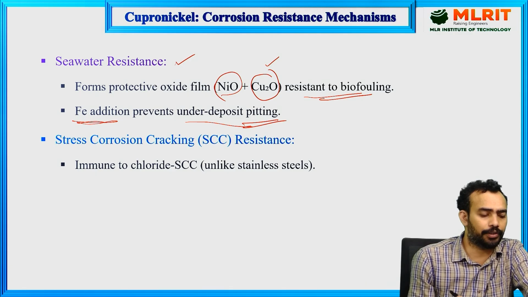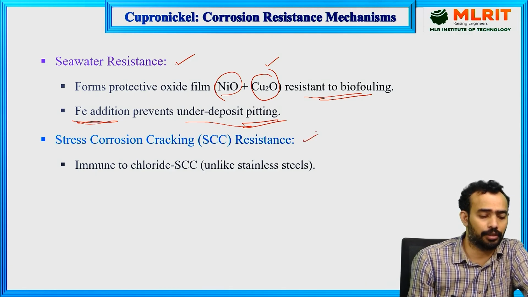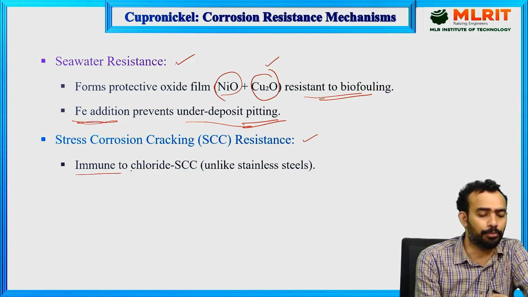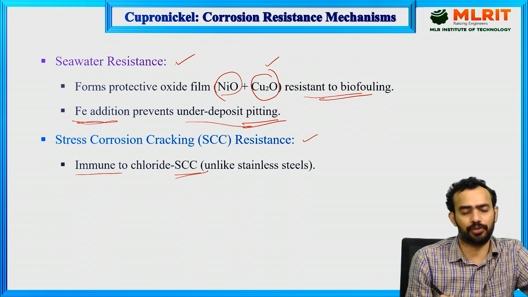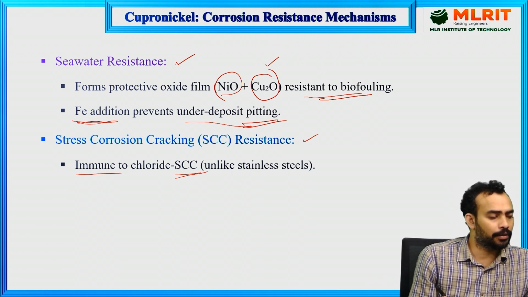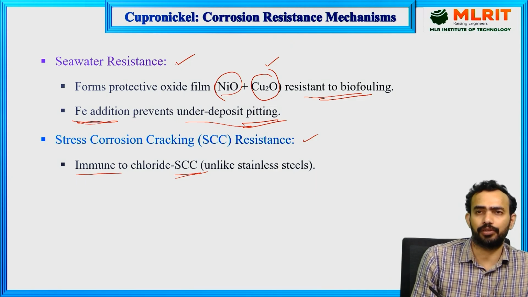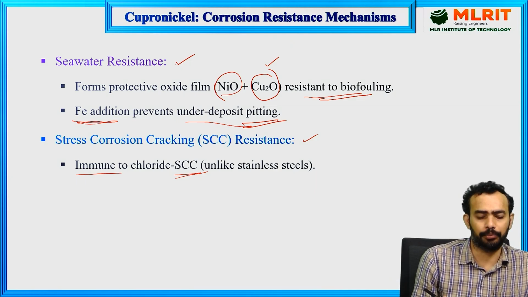Then we have stress corrosion cracking, or SCC, resistance. This material is immune to chloride stress corrosion cracking. Stress corrosion cracking is where corrosion and developed stresses in turn lead to cracking in the material.